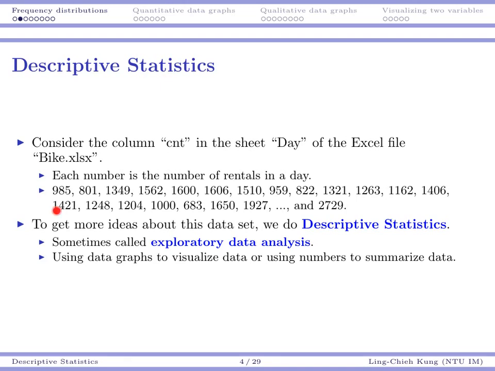For example, when you see a set of data like this, probably we want to know: are these numbers in an increasing trend, or are most of the numbers close to the center or not, something like that. We want to first get some basic ideas about this set of data. Then we do descriptive statistics.